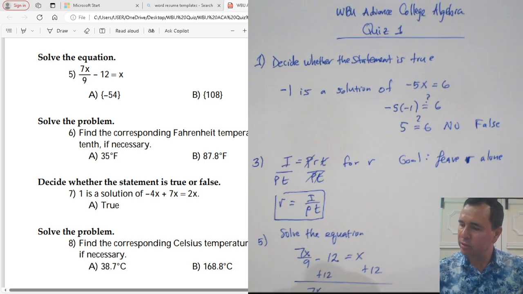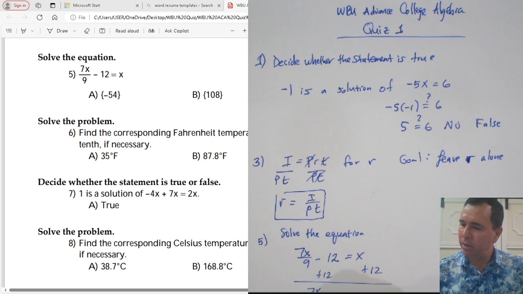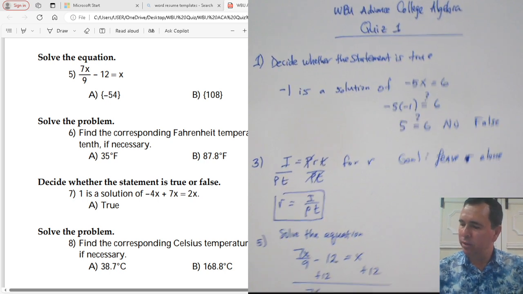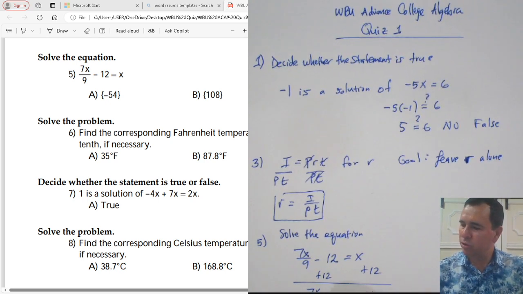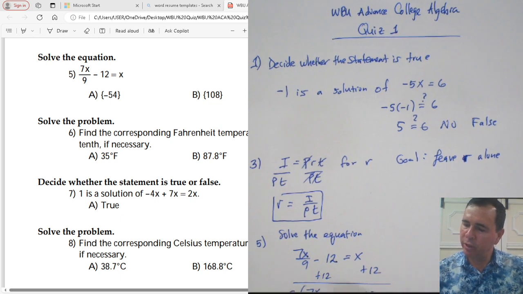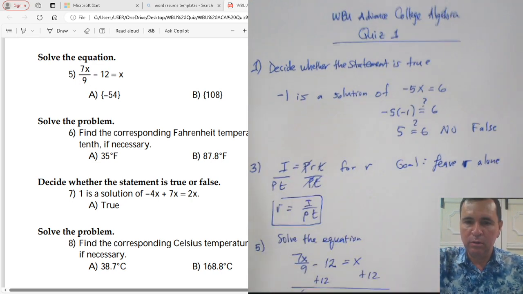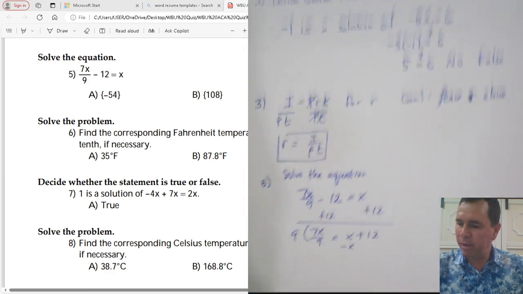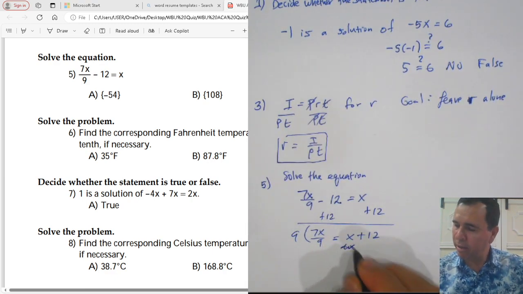Get 7x over 9 is equal to x plus 12. Then we're going to subtract x from both sides, or better yet, let's go ahead and multiply by 9. We could subtract x, but it's better to multiply by 9 first.